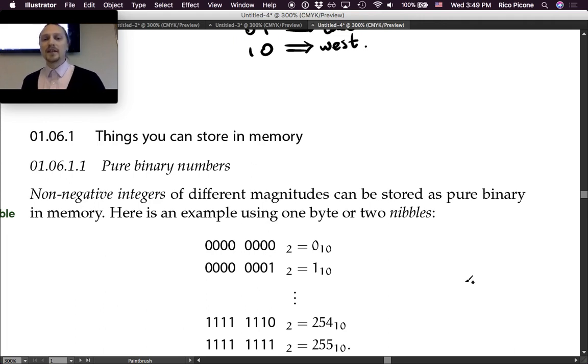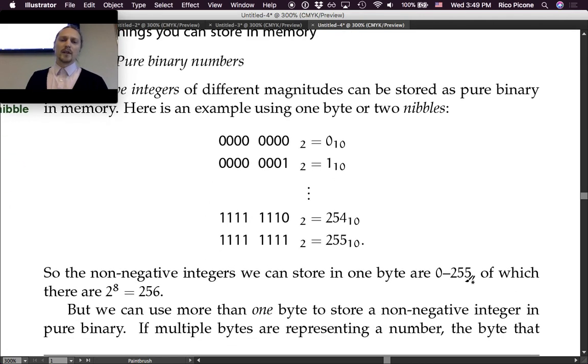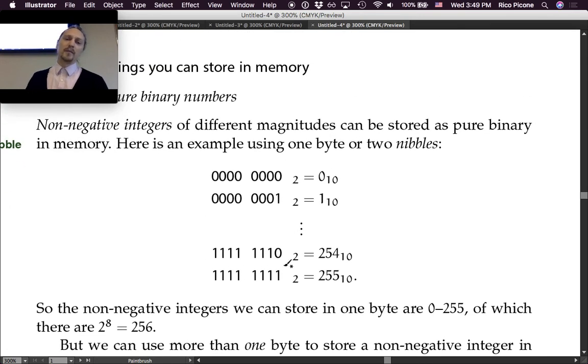Here's an example of using 1 byte or 2 nibbles. So my spacing got kind of weird here, but these are all base 2 nibbles. So bytes, so 2 nibbles. We could start out with all zeros in binary, and that corresponds to 0 in base 10, all the way up to all ones, which in base 10 is 255.